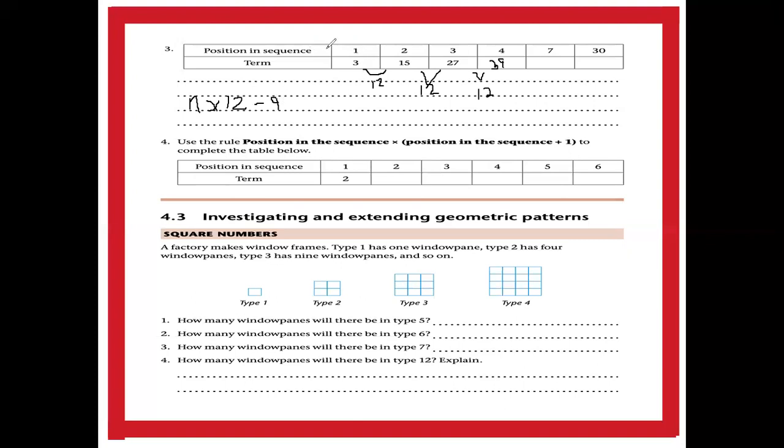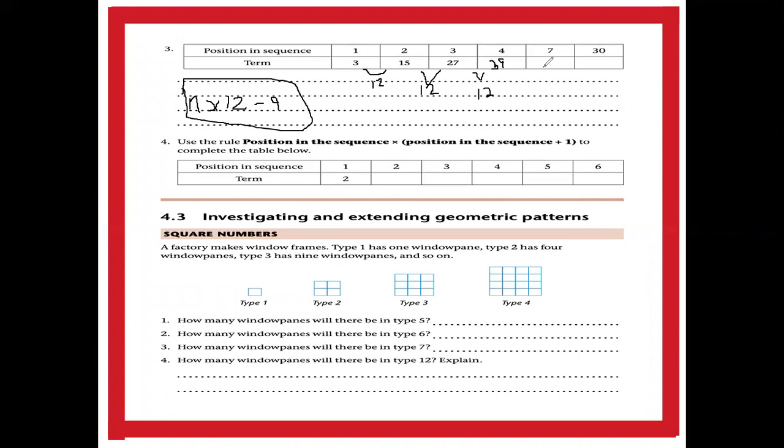So n is the position in the sequence. So let's substitute 1 in. We get 1 times 12 minus 9, which gives us an answer of 3 as the term. And if we substitute 2 in, we get 2 times 12 minus 9, which gives us 15. And then we can substitute any number in to get an answer. So let's use this to find term number 7.